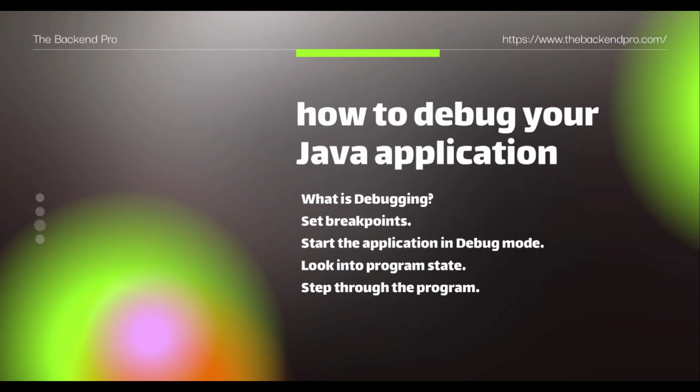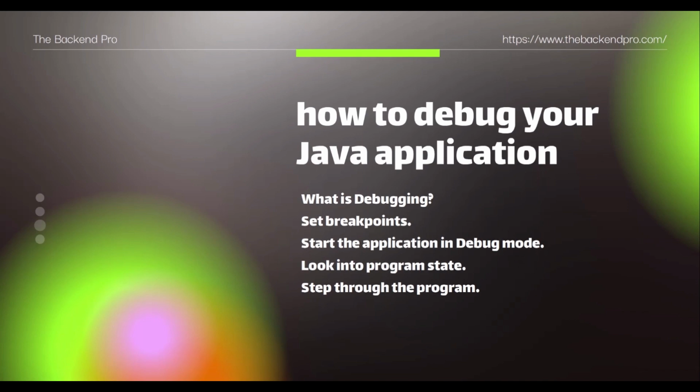I'll show you with a small simple program, and I will explain all the remaining topics, like how to set the breakpoints, how to start the application in debug mode, how to see the variable values at any point of time, and how to step through the program.